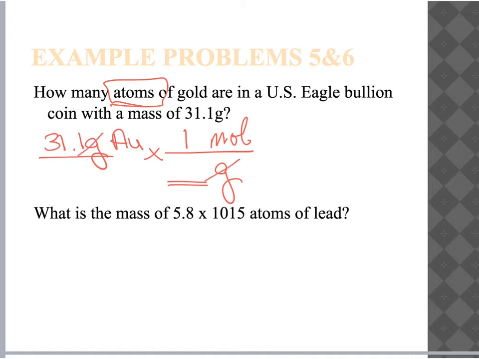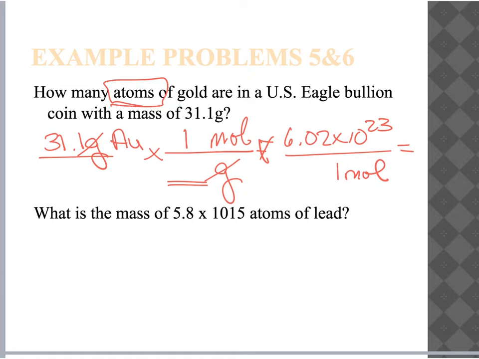Your grams are going to cross out. And I have one more step here, because now I'm just in moles. My grams crossed out. Now I need atoms. And I'm going to put 6.02 times 10 to the 23rd on top and put 1 mole on the bottom. Now I'm going to have you finish this one off on your own, and we will double check your answers when I get back.